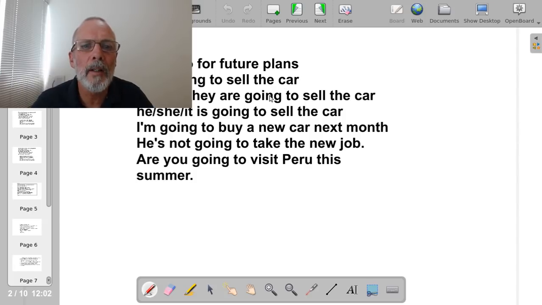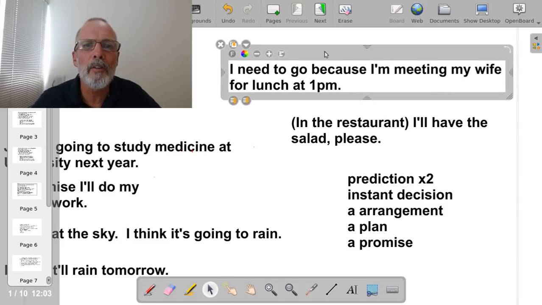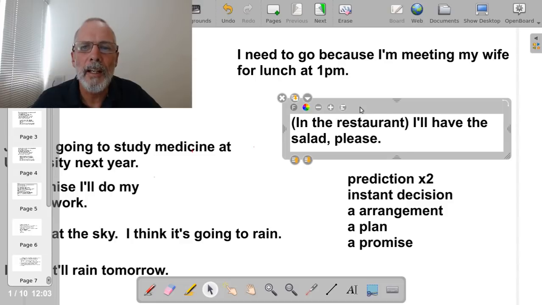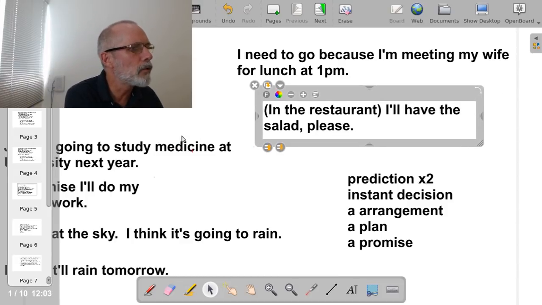Here I've got some statements, and all of these statements are using different structures in the future. Let's just check that you can see all of those.